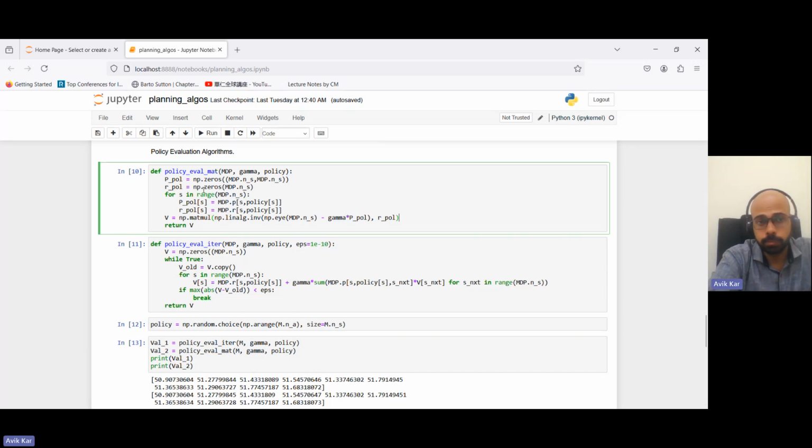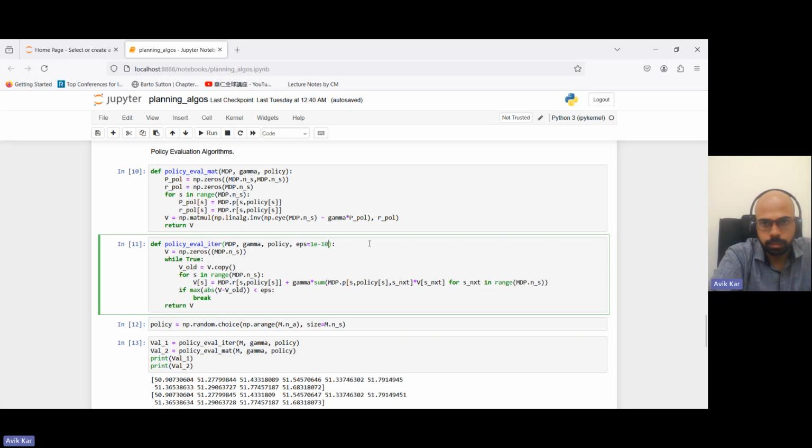The matrix-based method gives you the exact answer in one step. But the iterative method will have some error, and if that goes below a certain threshold near zero, then you say we have got the value accurate enough, so you can stop the iterations and return. That's why this policy evaluator takes another parameter epsilon, which we have kept by default 10 to the power minus 10.